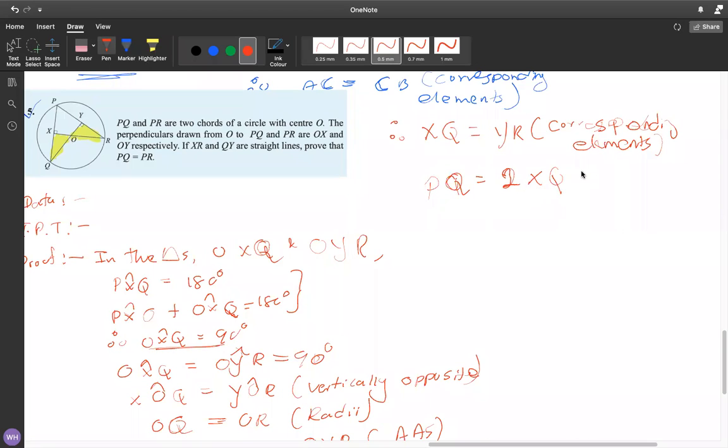Okay, what is the reason? Because X is the midpoint.